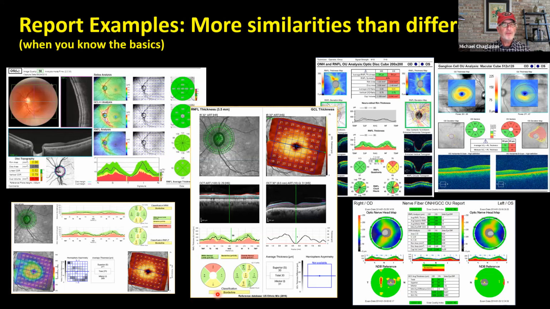But I'm really trying to speak to all devices in different reports and get all of the practitioners on the call tonight to understand what to look for and how to use these complex, multi-layered, multi-plotted reports with a whole bunch of information to make an accurate and efficient assessment of what's going on with their glaucoma, with their patient, and identify whether or not glaucoma is present.